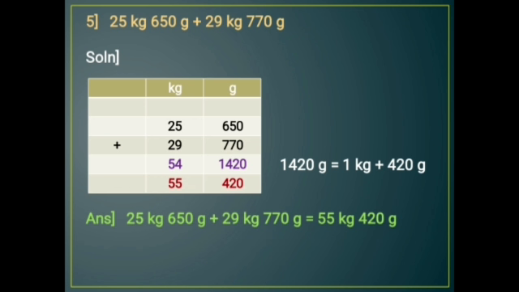So 1420 grams can be written as 1 kg plus 420 grams, and that 25 plus 29 gives 54. So that 1 kg we will add with 54 and we get the answer here as 55, and 420 grams will come as it is. So answer is 25 kg 650 gram plus 29 kg 770 gram is equal to 55 kg 420 grams.